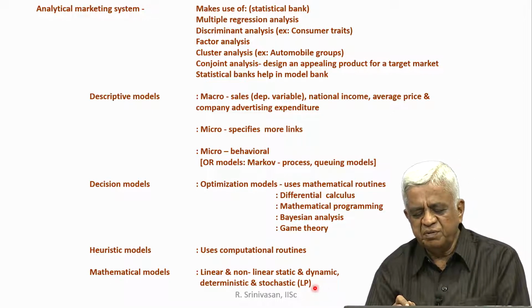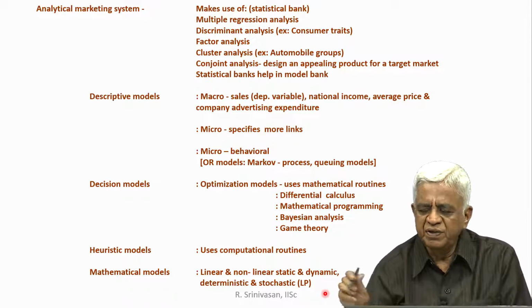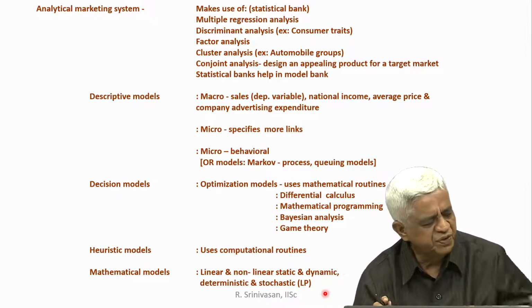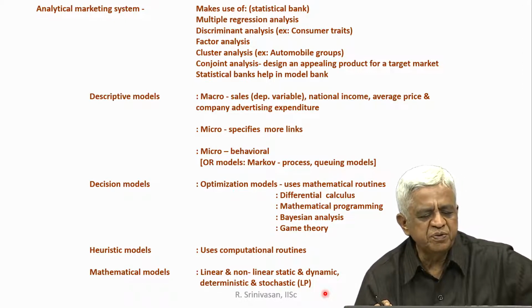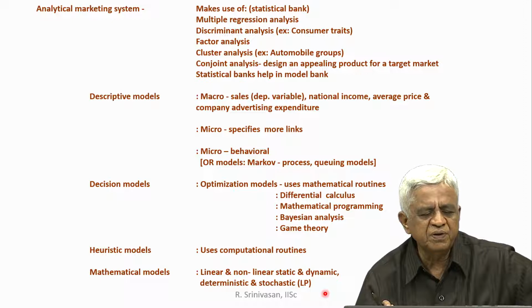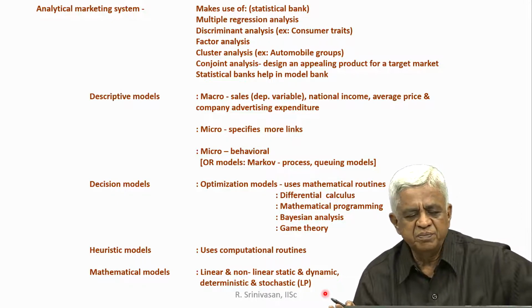That stochastic process makes use of different probabilities to address a situation. So, these are the different types of models that you are going to look at in an analytical marketing system.